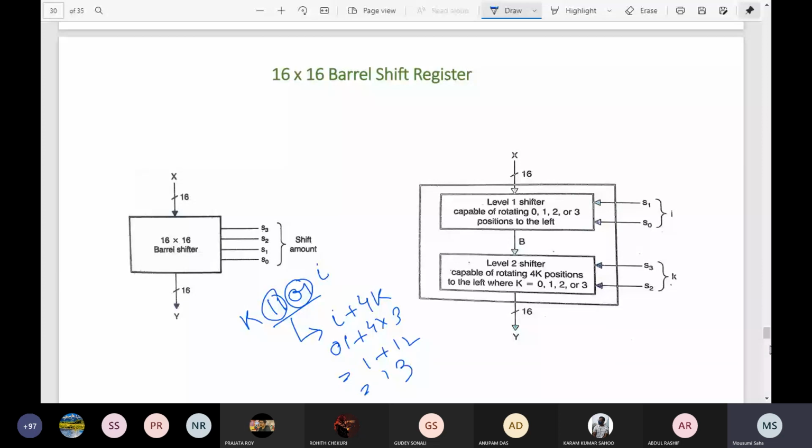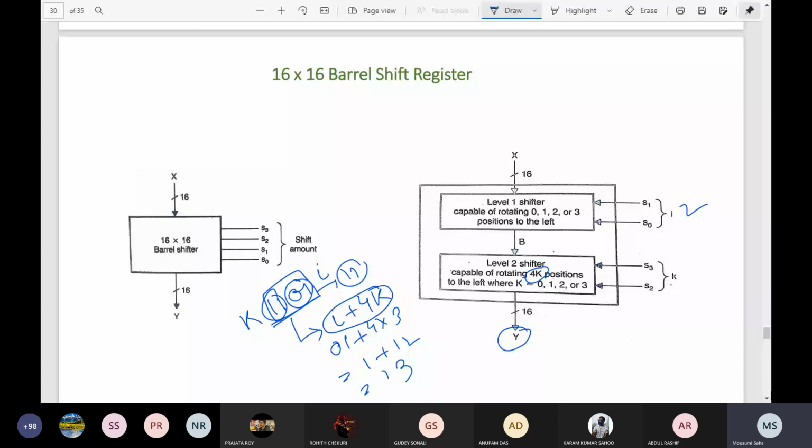So 1101 is 13. With the help of this basic concept the barrel shift register is designed. First it is the i, then it shifts 4 times by k, and ultimately you have the value y.